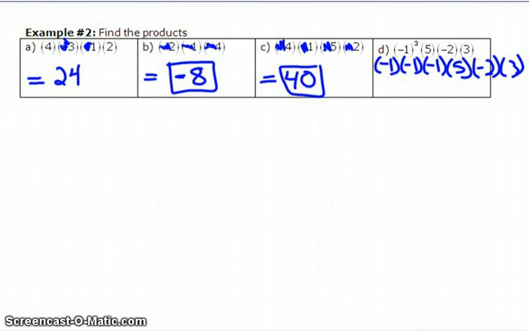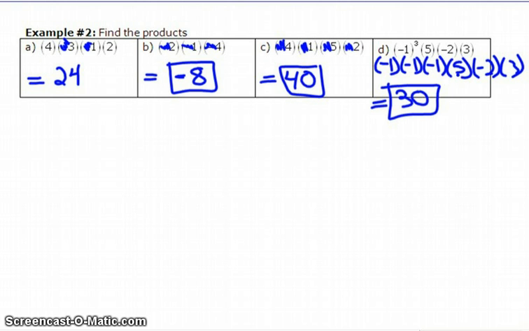So I have 1, 2, 3, 4 negative signs, which makes a positive, because that's an even number. So now I don't have to worry about the negative signs anymore, I just multiply. 1 times 1 is 1, times 1 is 1, times 5 is 5, times 2 is 10, times 3 is 30. So my answer is 30.